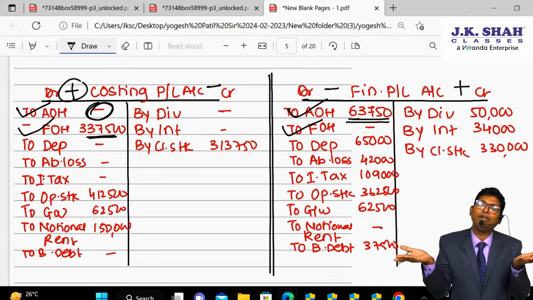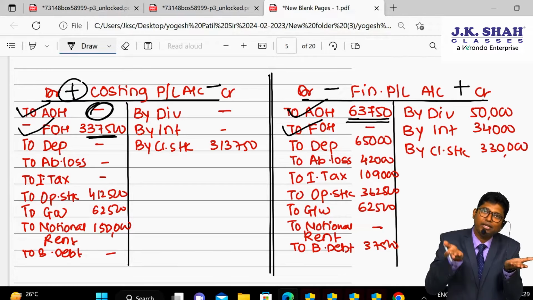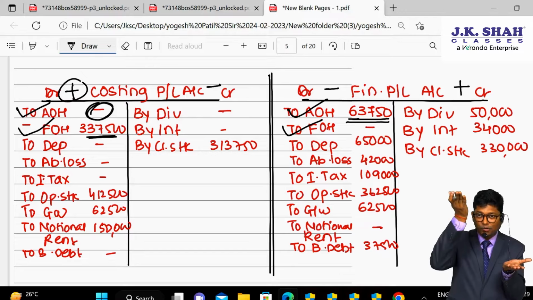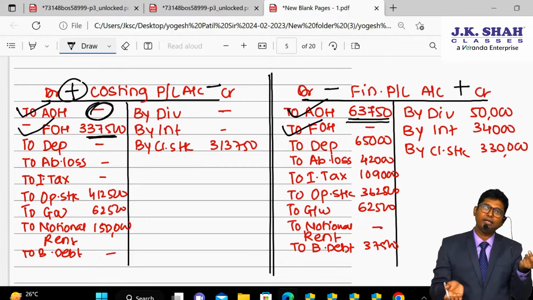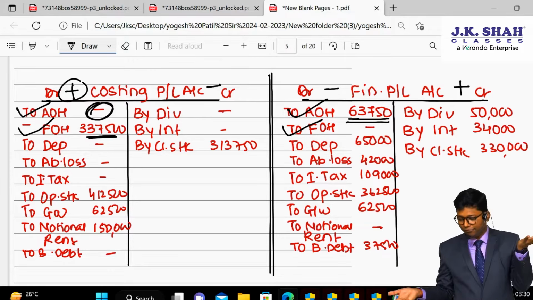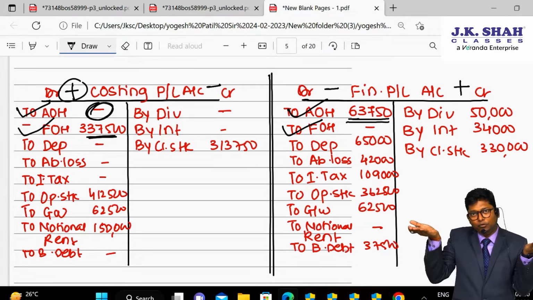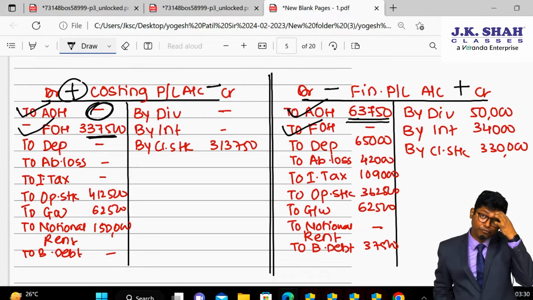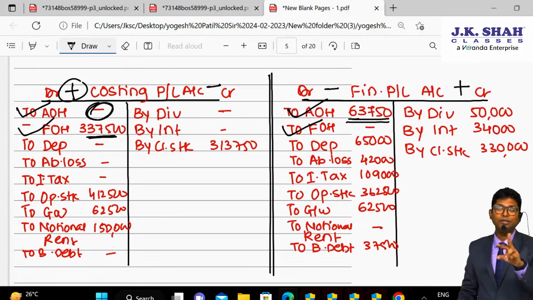Then only it will be coming to the costing level, because it is not there in costing. It is there in finance. So to bring down to the costing level, you have to deduct that. On the opposite side, factory overheads are there in costing, they are not there in finance. If you are going to bring them to the costing level, you need to add them. This is a logical explanation for the adjustment, but in exam you can use the magic.